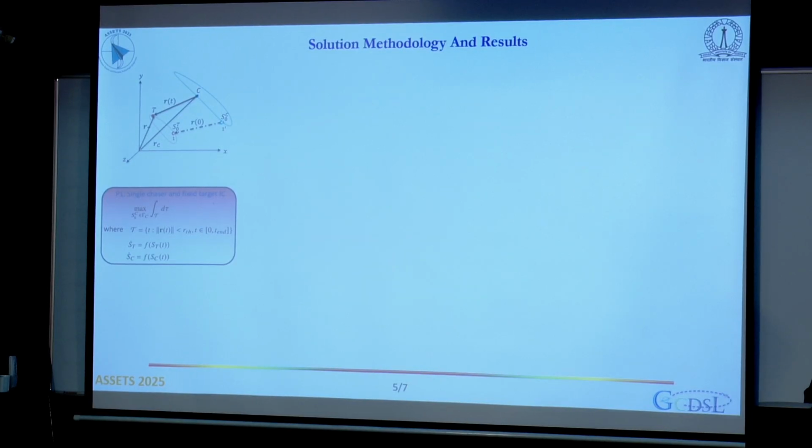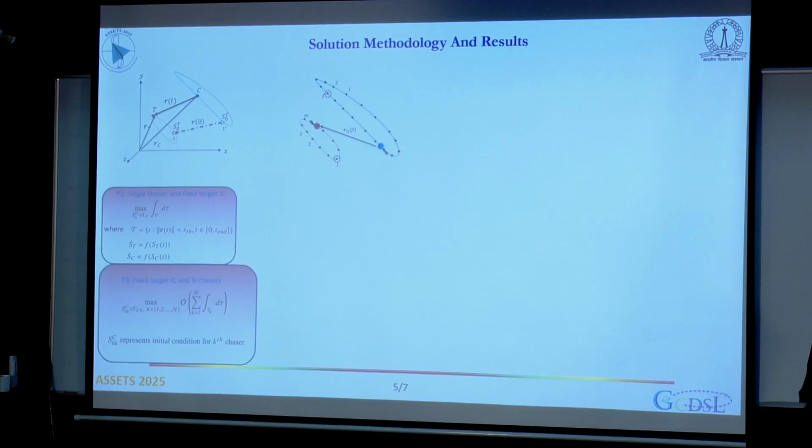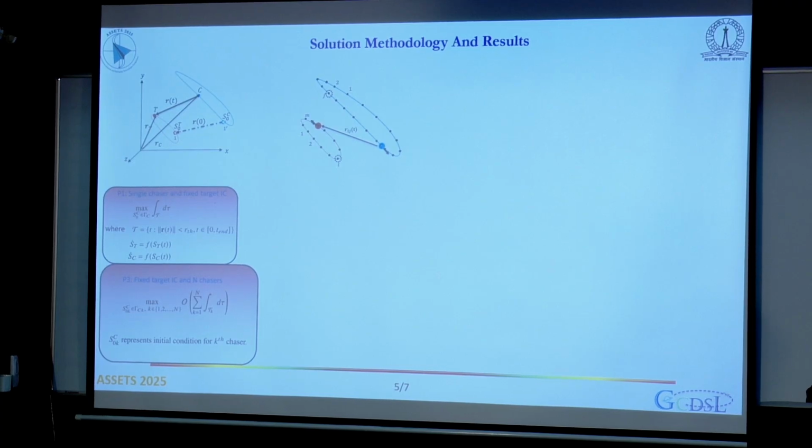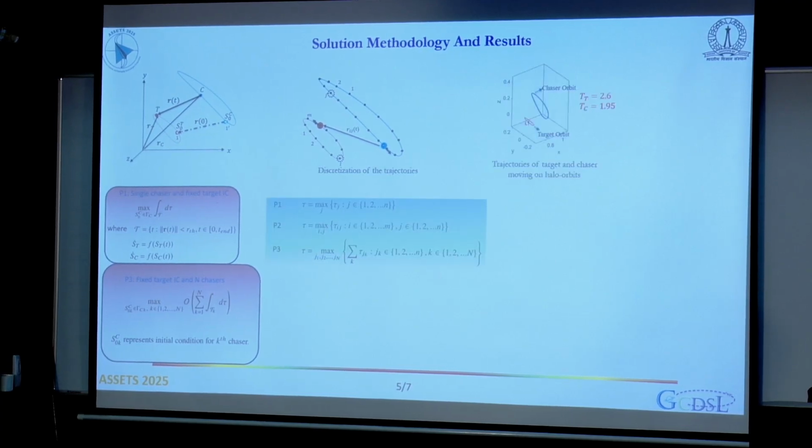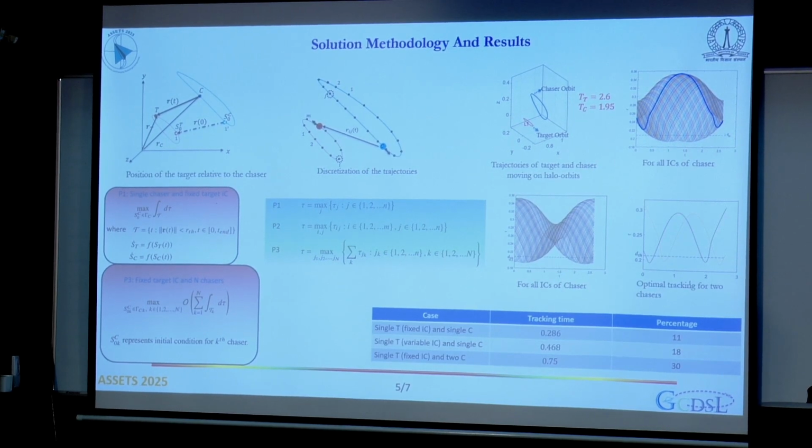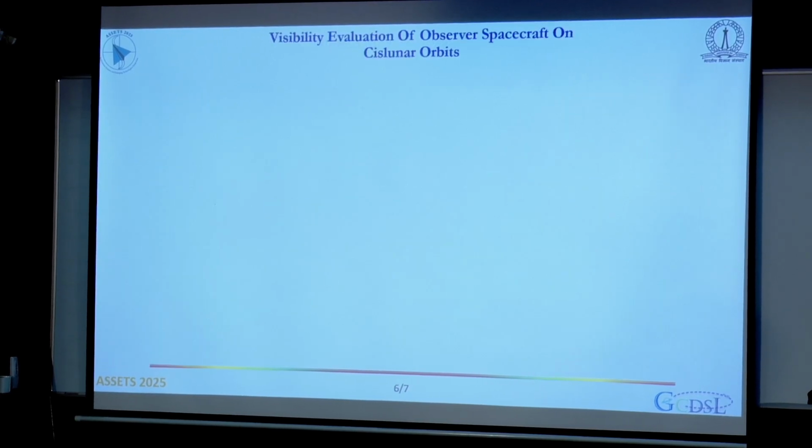So we formulated it as a maximization problem with decision variables as the initial condition of chaser and the target. As a solution methodology, we discretized the trajectories of target and the chaser, and this shows the results for single and the multiple chasers, and this shows the optimal trajectories for the chaser.